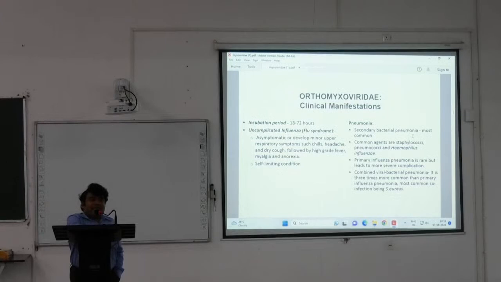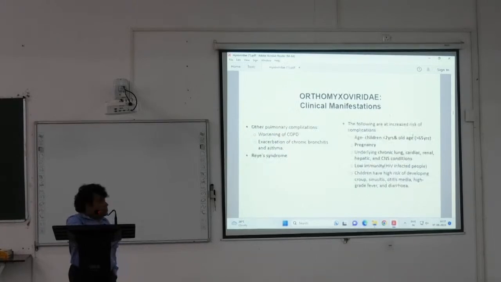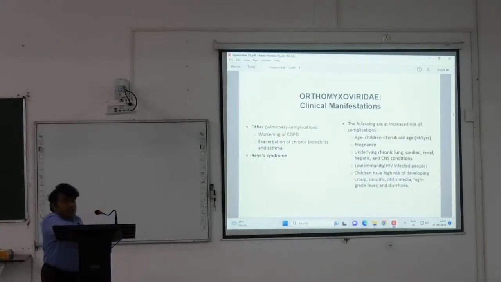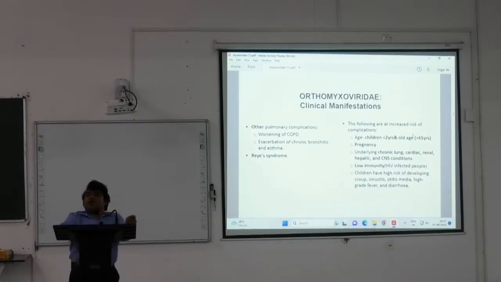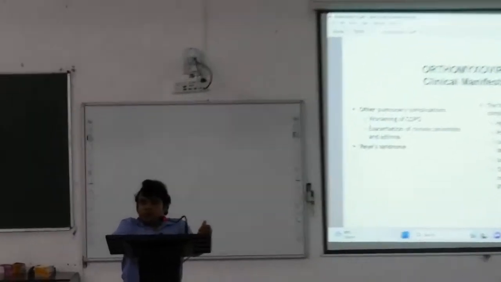Hence, secondary bacterial infection is very important in influenza. Another manifestation: if a patient already has a respiratory disease like COPD, chronic obstructive pulmonary disease, or asthma, then the respiratory distress can get even more severe. Sometimes it may even cause fulminant infection with ARDS and sepsis.